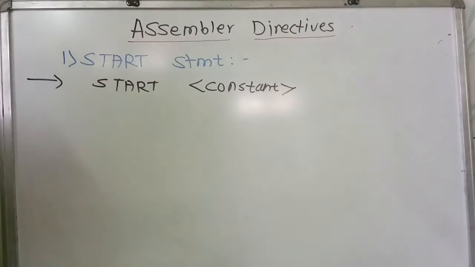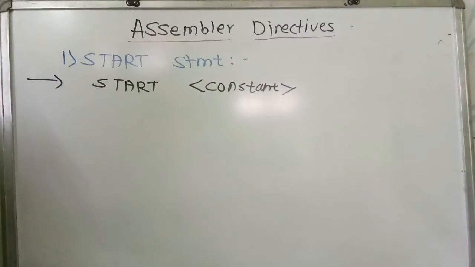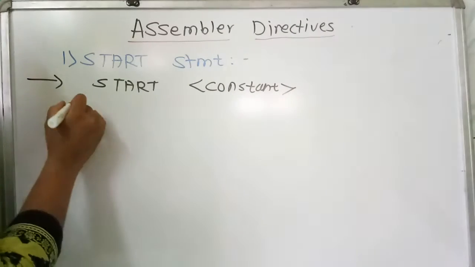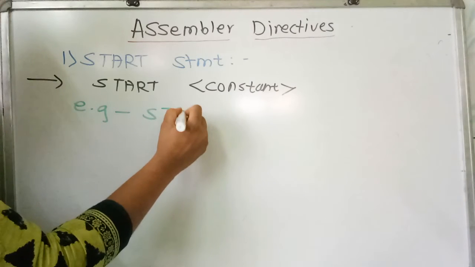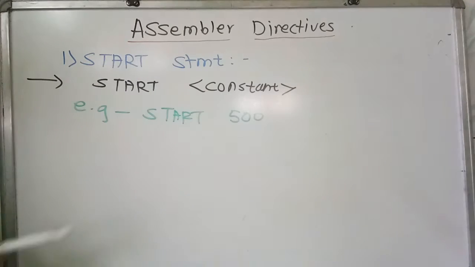What does this actually indicate? This indicates that the value written after this start statement will be the actual address from which your memory words will be stored. Means here the start statement gives us the idea of the starting point of your memory address. For example, if you write start and a value like 500, then the first word of the target program is stored from memory location 500 onwards.